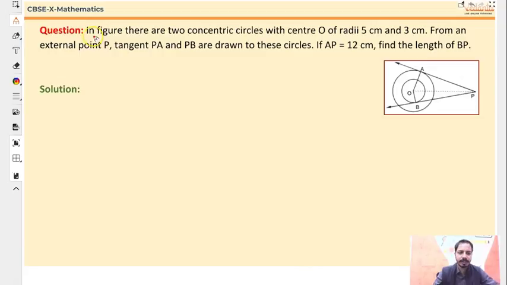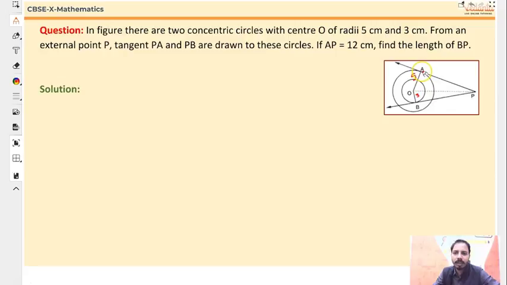This question says that in this figure there are two concentric circles. So this is one circle and this is the other circle. They are saying that the radii are 5 and 3. So let us say this is 3 and this is the longer one, 5. From an external point P, two tangents are drawn to the two circles.